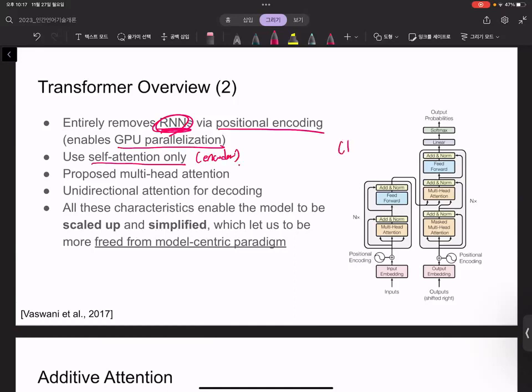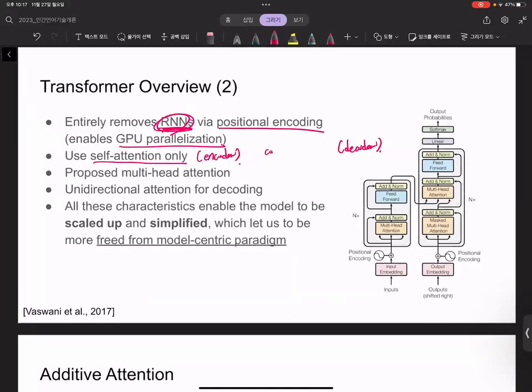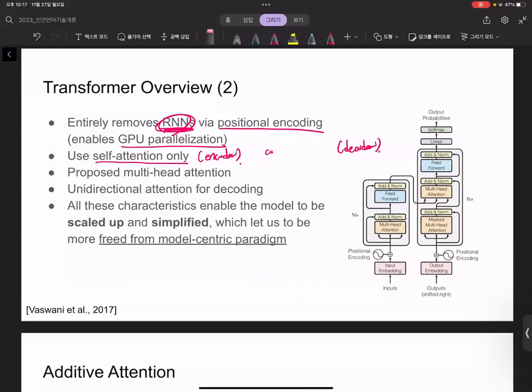In the decoder, there is cross attention. We will see what self-attention and cross attention are, so don't worry about it for now.